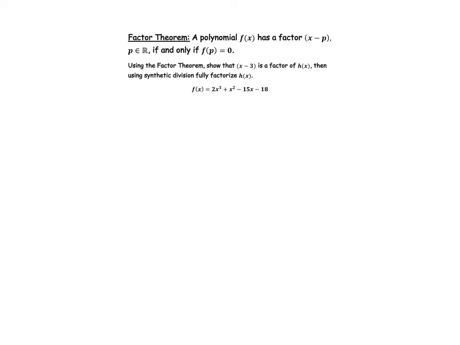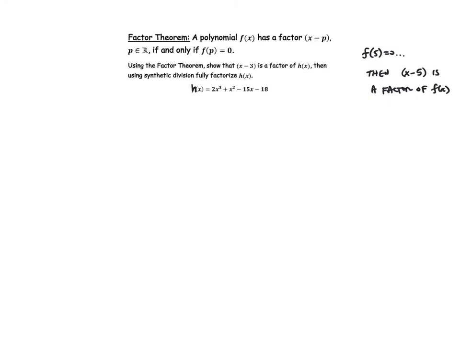So if f of 5, let's say, is equal to 0, then x minus 5 is a factor of f of x. Okay, so using the factor theorem, show that x minus 3 is a factor, then use synthetic division to fully factorize h of x. It looks like f of x here, but we'll call that h of x.